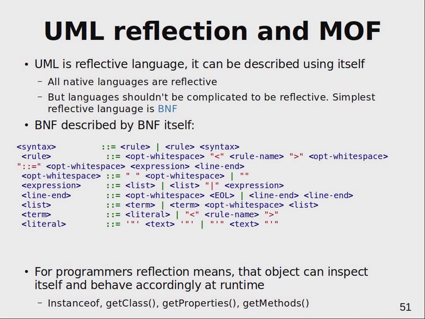And particularly for UML, you have to study it quite a lot to understand what it means. But here is a simple example for a textual language called BNF. And BNF is a textual language which also is reflective, because here you have the rules of BNF using the BNF language itself. So if you are curious, you can study it by yourself later.